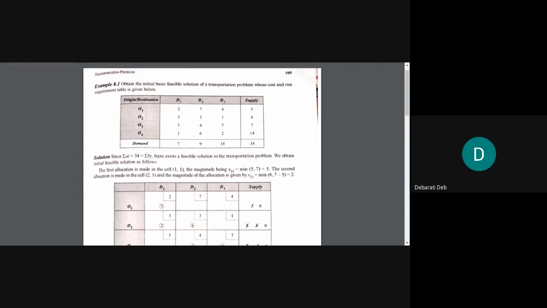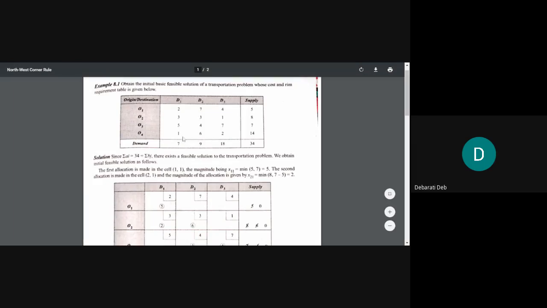Clear? And what are the figures inside the table? These are the costs. This 2 is the cost for transporting 1 unit of the product from origin O1 to D1. 7 is the cost of transporting 1 unit from origin O1 to D2. Like that, the costs are given.